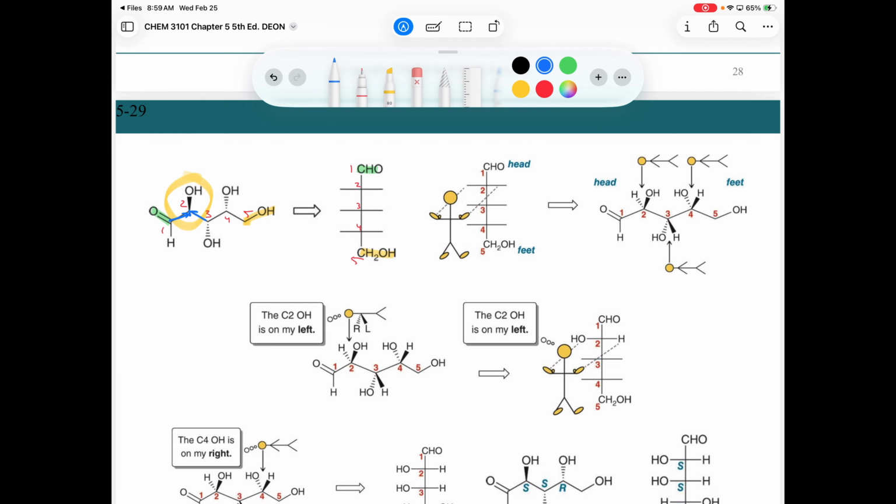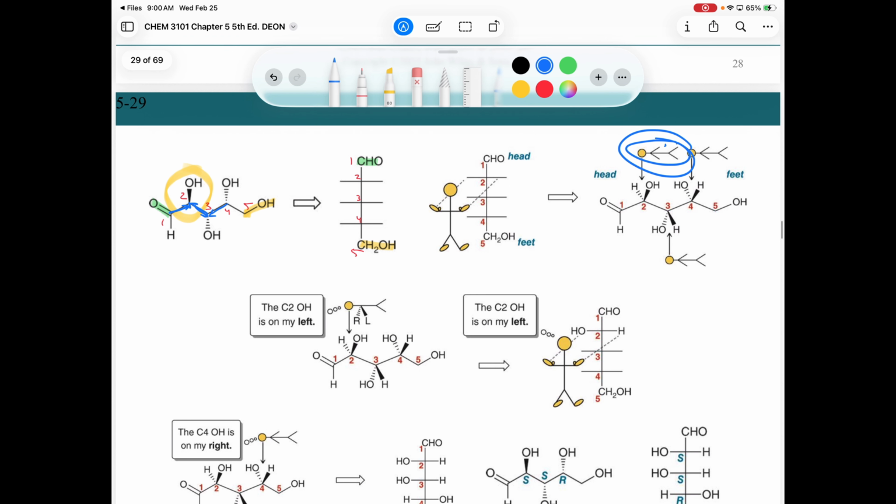If they're pointing up, you imagine yourself on top, like this. If they're pointing down, like on carbon 3, you imagine yourself below it, okay? So imagine yourself on top. I'll delete this guy here. So imagine you're right here. When you're looking down, what do you see? You see the hydroxyl is on your left-hand side. Everybody with me on that? Yes? And so you would fill it in. You'd say hydroxyl is on the left-hand side.